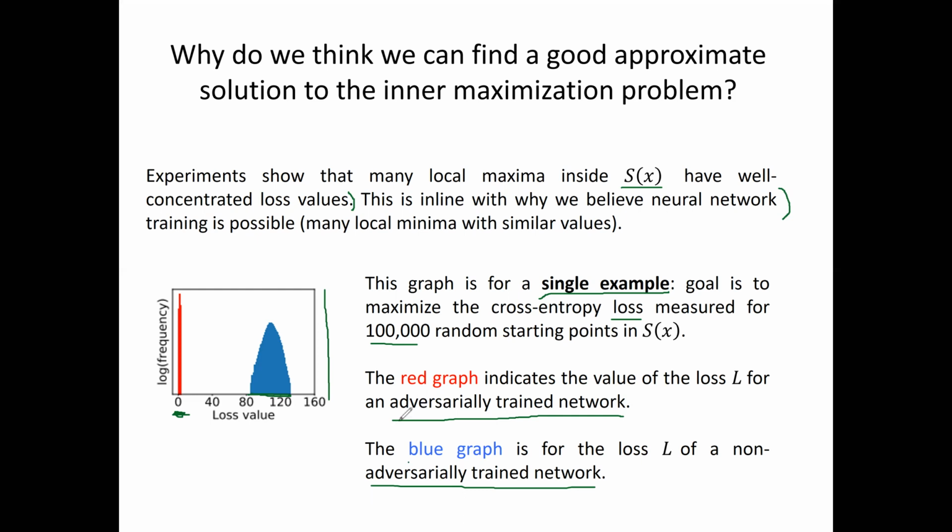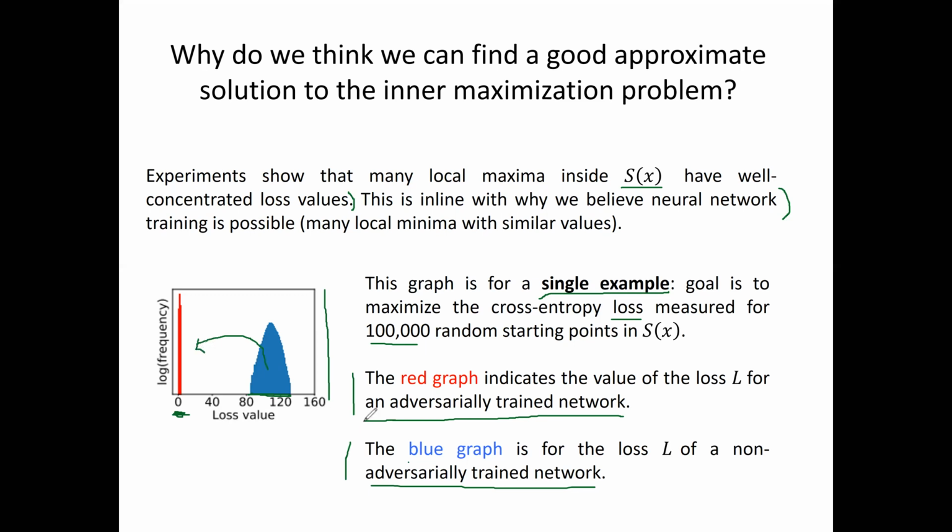Of course, this experiment can be elaborated on more, and one can do more experiments. This is an undefended network, the blue one, and the red one is for a defended network already. So you can try to produce such plots during training and see what happens during training. Maybe you are slowly going from the blue to the red over here.